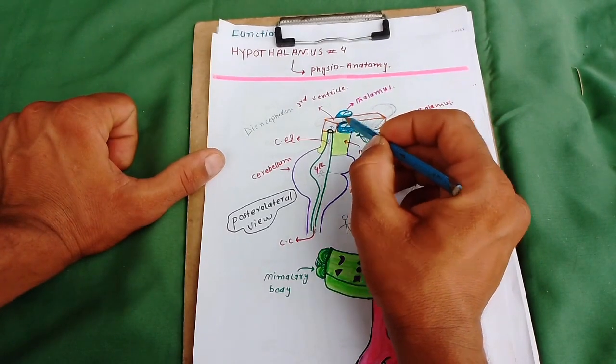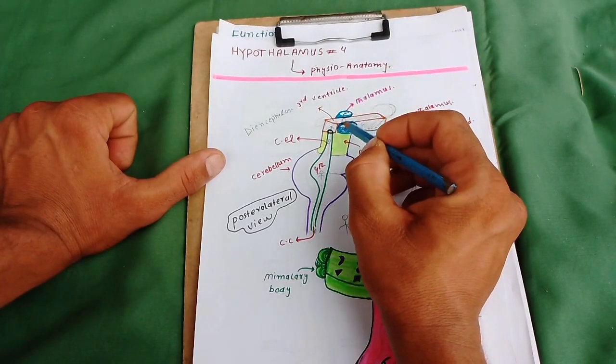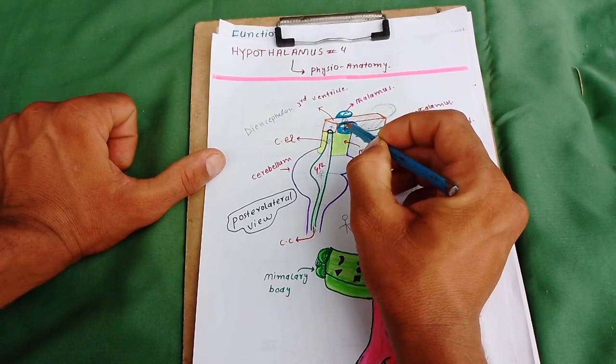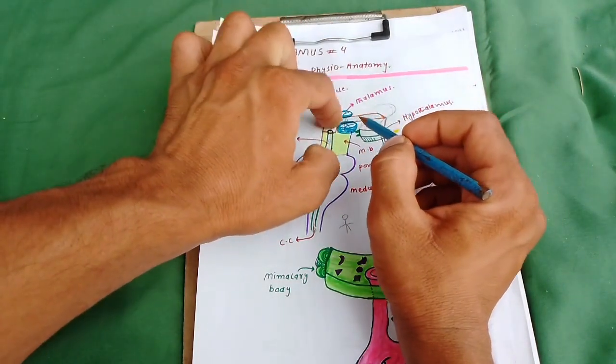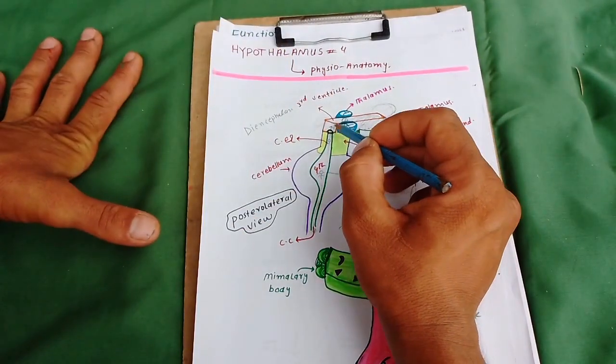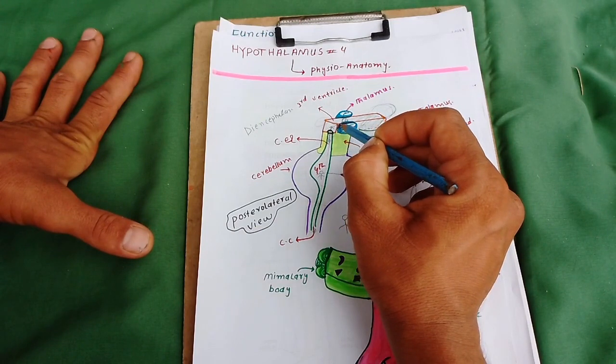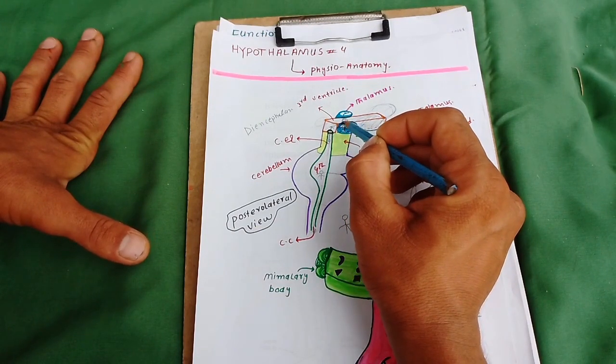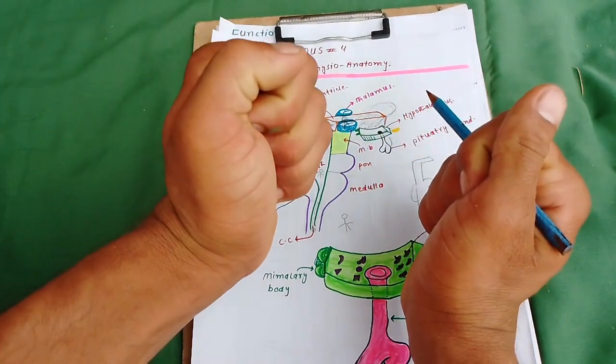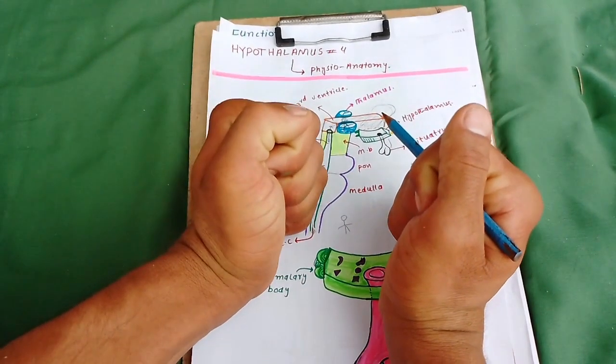So when this man reaches this point, he is now standing in the third ventricle. He crosses the cerebral aqueduct and enters the third ventricle, which is covered on each side by the thalamus.